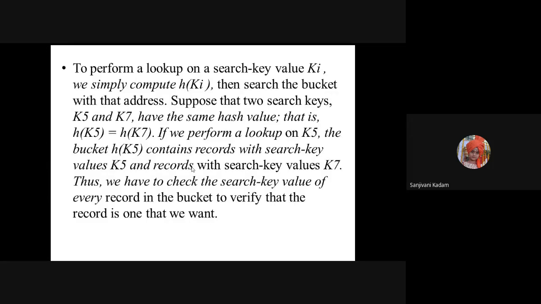If we perform a lookup on K5, the bucket contains the record with key K5 and also the one with K7. Then we can go for a sequential search, but that will be limited to only that bucket.